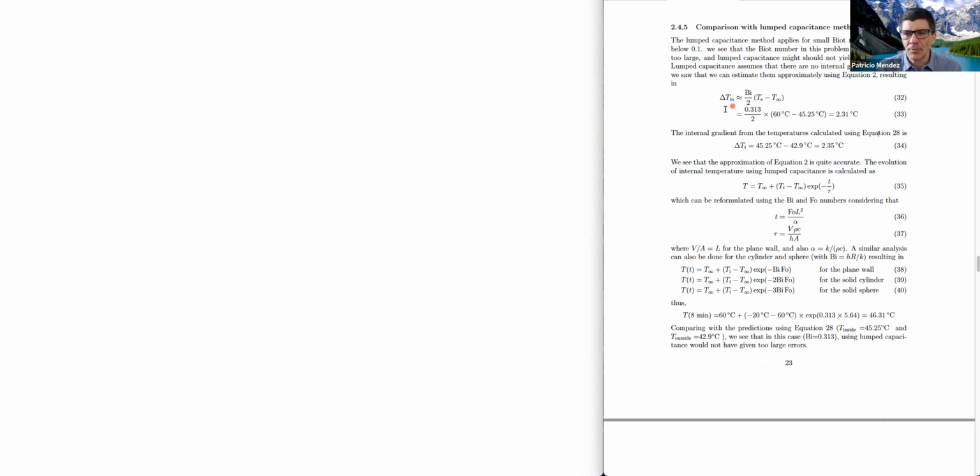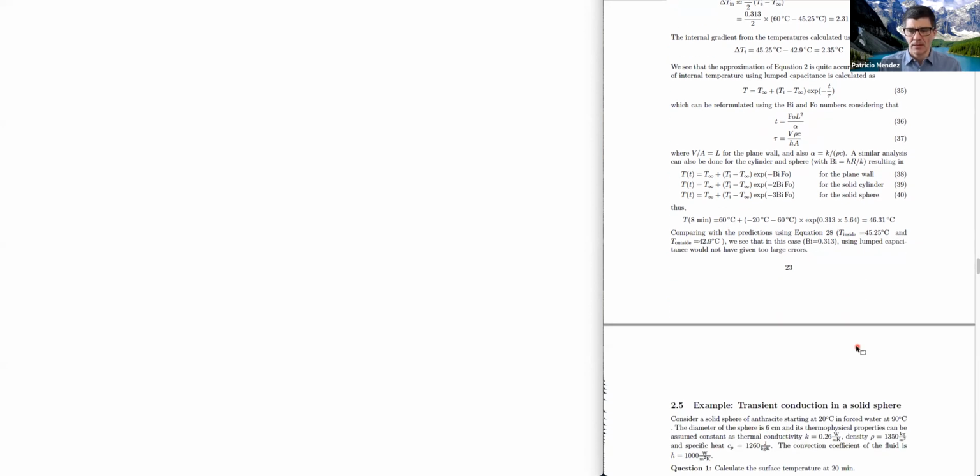This formula is based on lumped capacitance. It's not exact, but in this case, our estimate of the gradients was pretty good. And if we go all the way with lumped capacitance, our estimate of pipe temperature is not that bad.